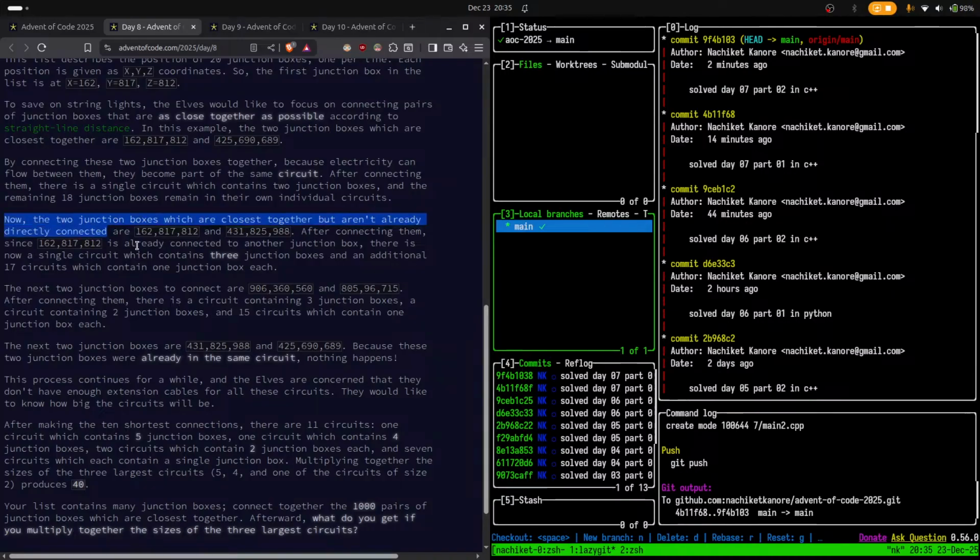Now the two junction boxes which are close together but aren't already directly connected are these. After connecting them, since this is already connected to another box, there is now a single circuit which contains three junction boxes and an additional 17 circuits which contain one each.